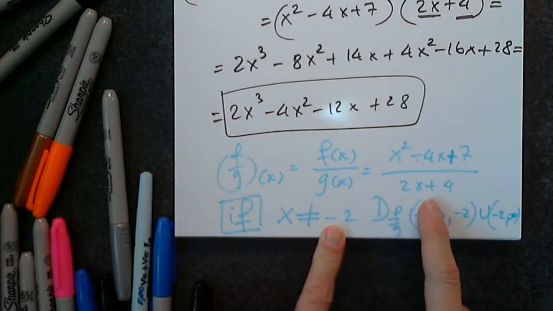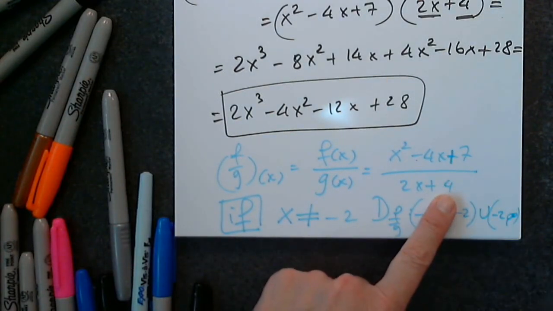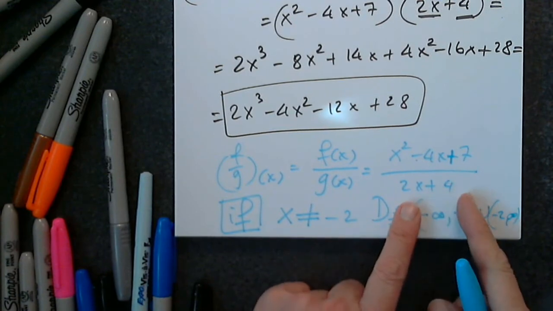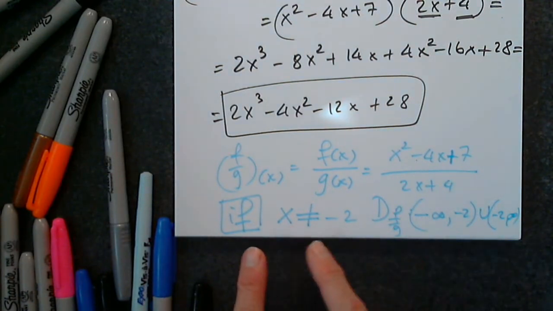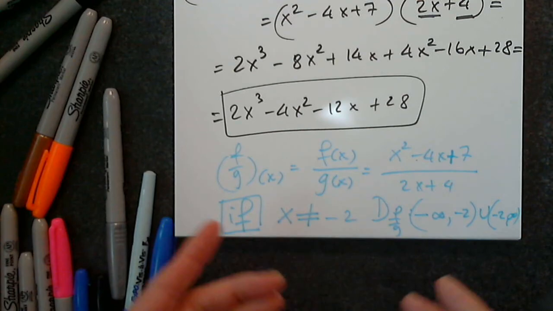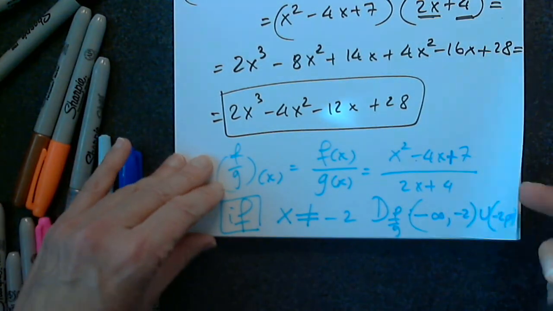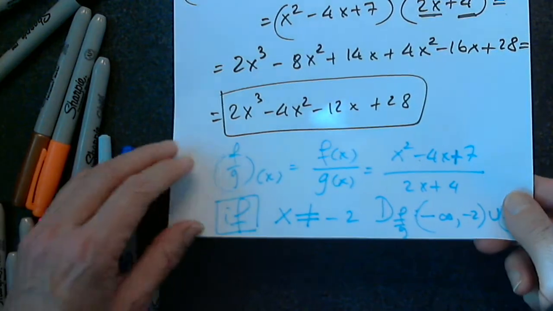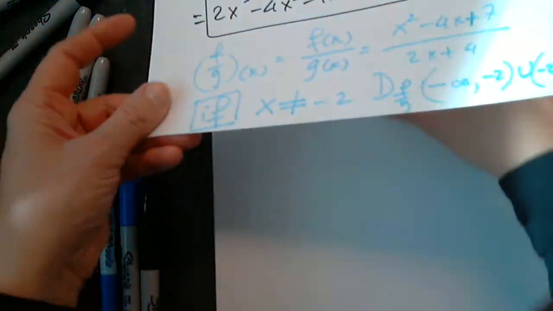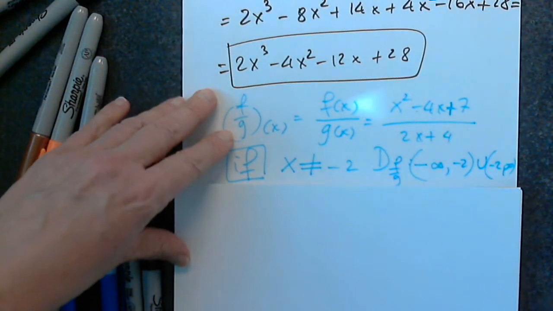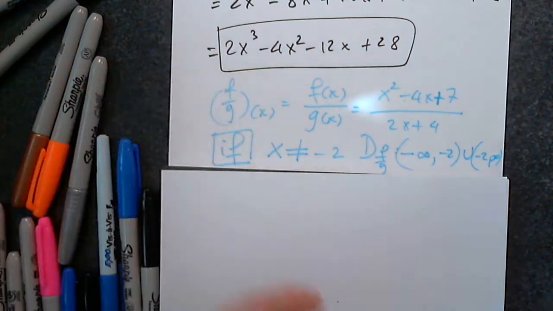Why? Because 2x plus 4 equals 0, as we've done more than a month ago, x does not equal -2. If you have any doubts, please tell me and I'll show whatever you need me to show. I don't want you to feel that I'm skipping steps. I'm just saying that this was discussed many times, and I'll do it again if it needs to be done.